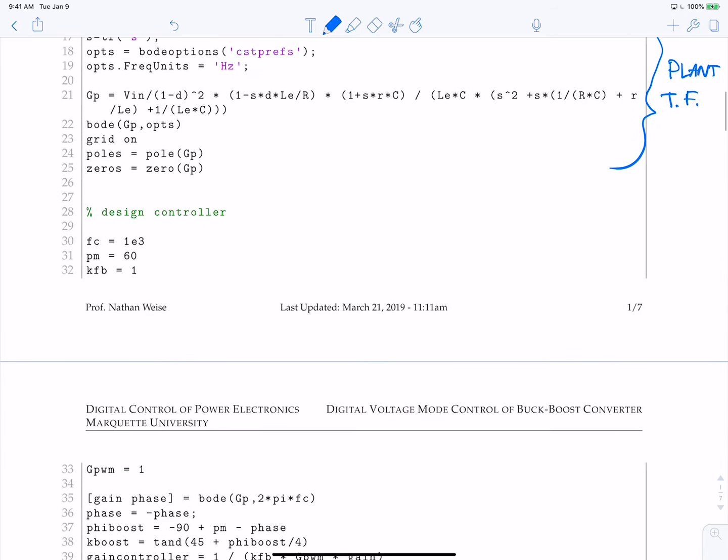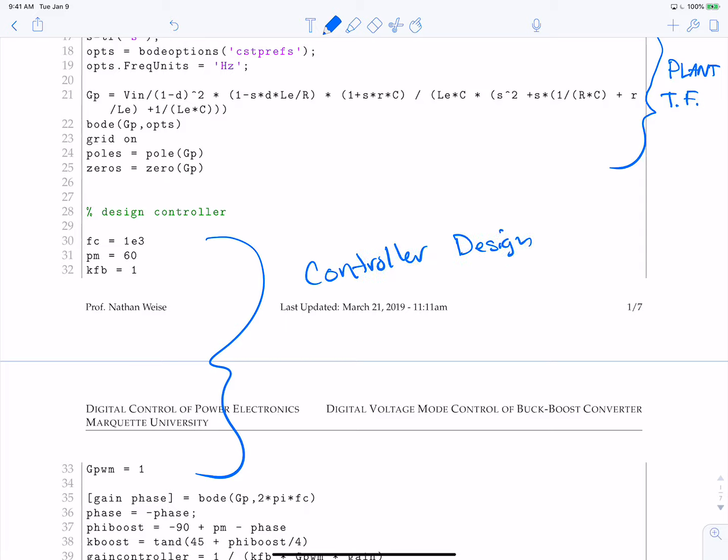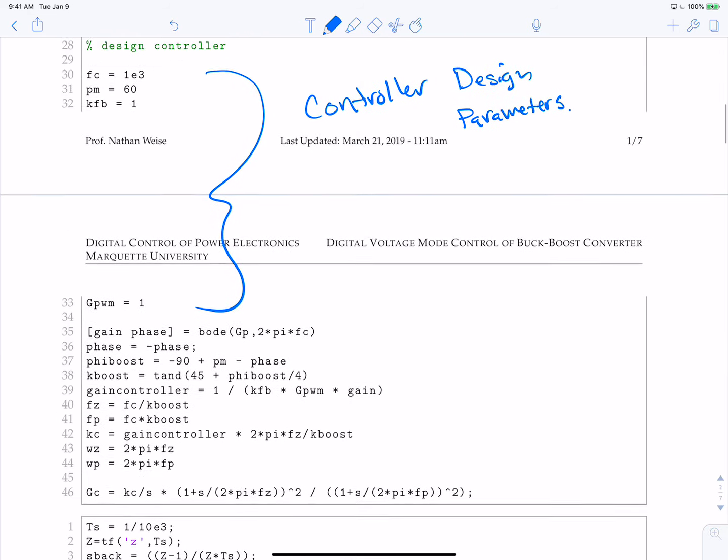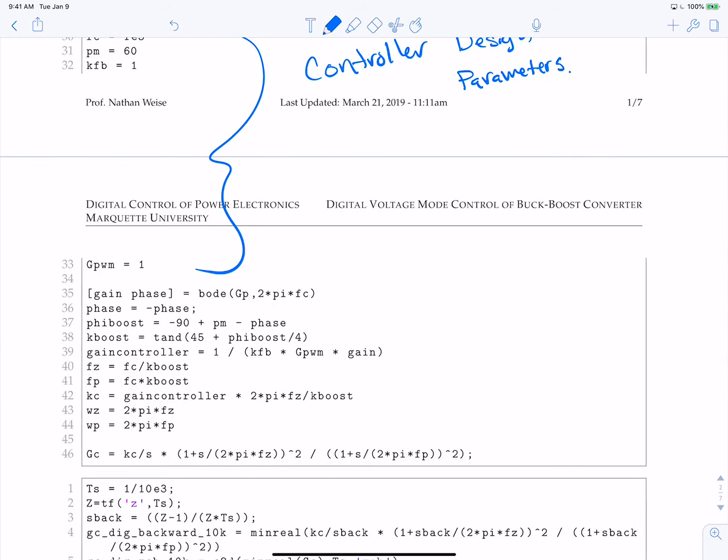In lines 30 through 33, essentially what we have here is the controller design parameters. We can select our bandwidth, which is 30, and we can select our phase margin, and our calculation will be automated with this script for the purposes of finding the zero, pole and controller gain based upon these parameters.